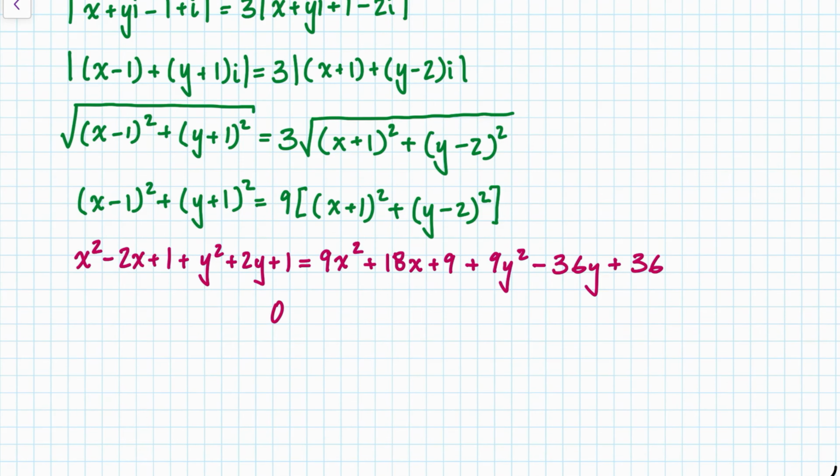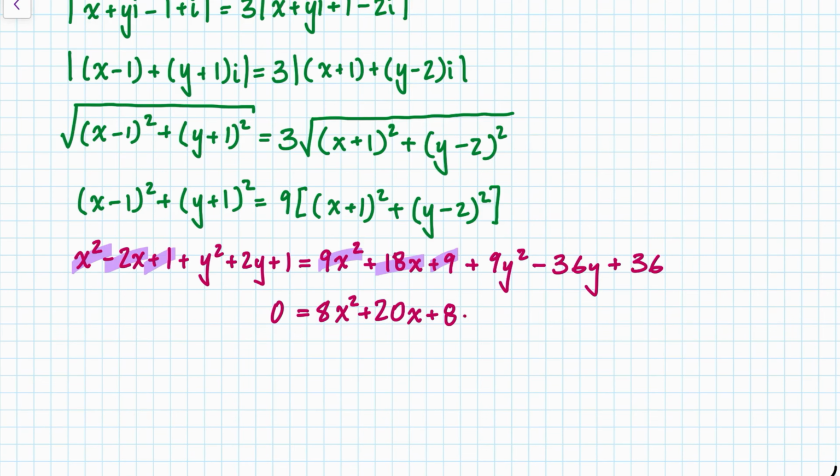Fantastic. Now I'm going to group all my like terms on the right-hand side of the equality. So we're going to be left with 0 on this side, and we're going to have 9x squared minus x squared is 8x squared. We're going to have 18x plus 2x is 20x. We're going to have 9 minus 1 is 8.